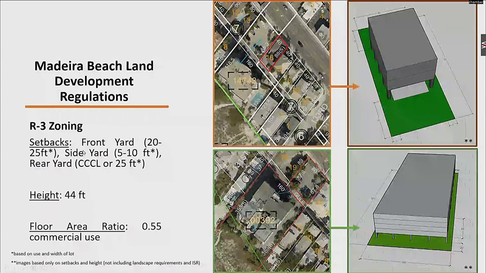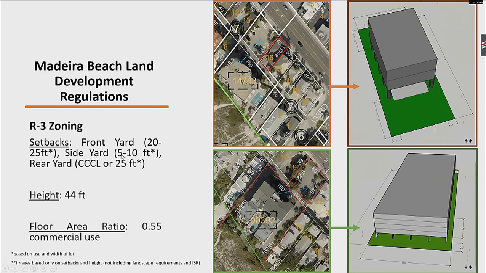So where it says 20 to 25 feet, I believe that one is based on use. If you're a single family home, it's 20 feet. If you're multifamily or temporary lodging, 25 feet. Where that variation comes in, it'll either be because of use or the size of the lot or width of the lot. So front yard, it's 20 feet on this example.